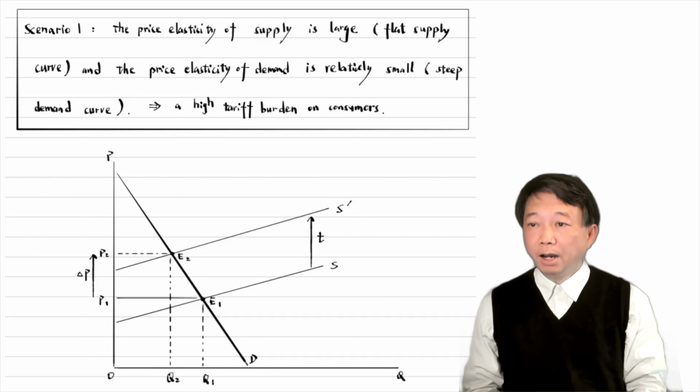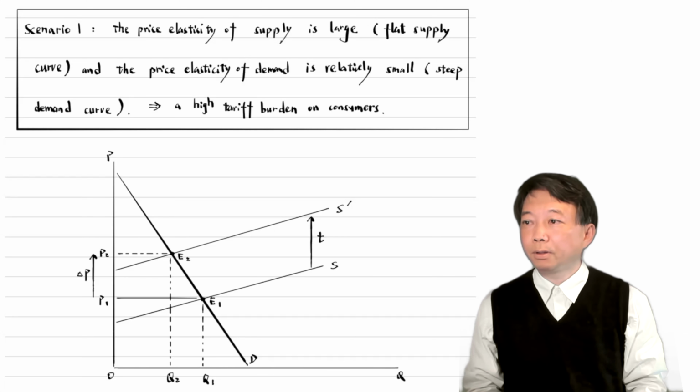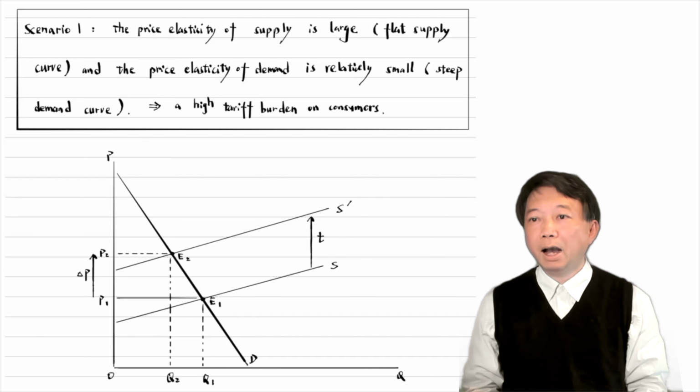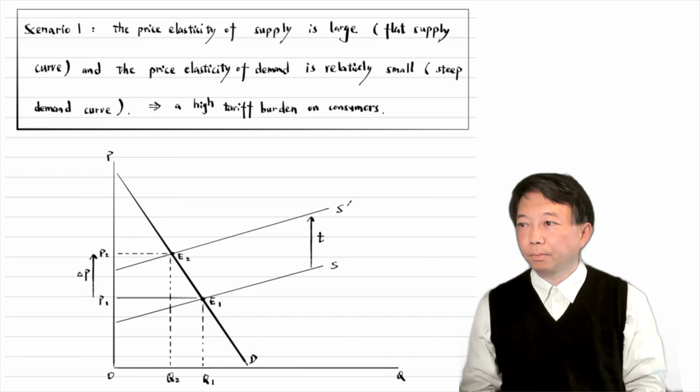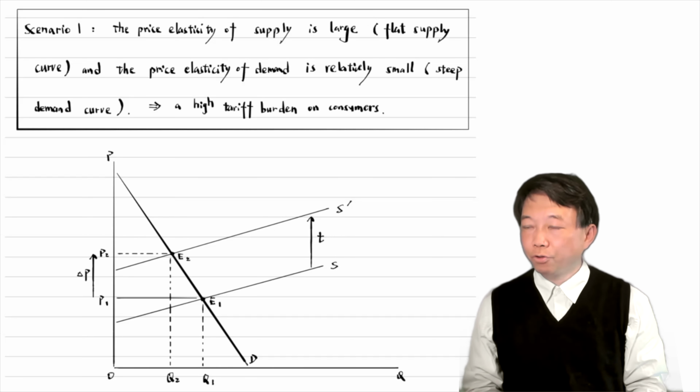The first scenario considers a case where the price elasticity of supply is large while the price elasticity of demand is relatively small. A high supply elasticity means the quantity supplied responds significantly to price changes. Even a small price increase leads to a substantial rise in supply, meaning that the supply curve is very flat.